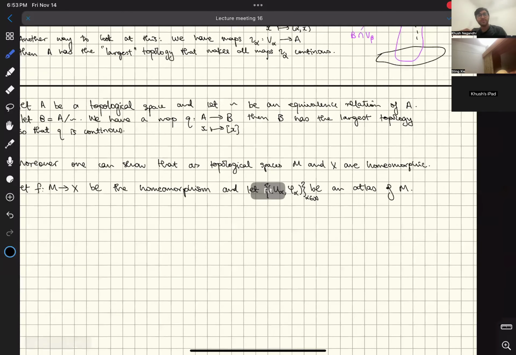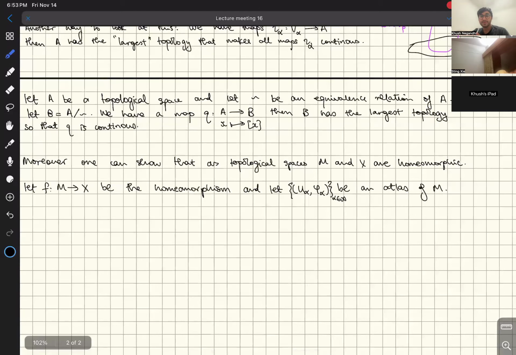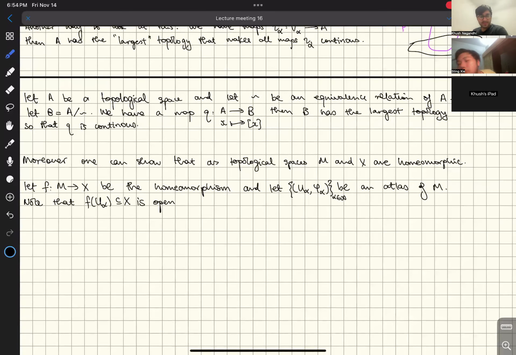Okay. Now the idea is we push forward these atlases. And the way we do this is note that F of U alpha as a subset of X is open. And the reason for this is because F inverse is continuous. Since F inverse is continuous, the images of open sets have to be open.